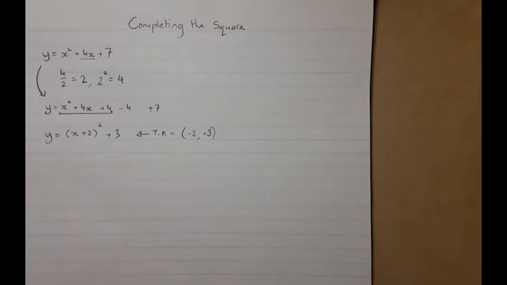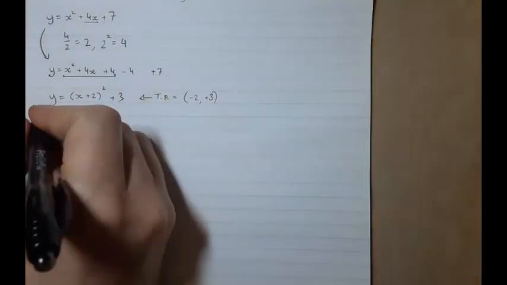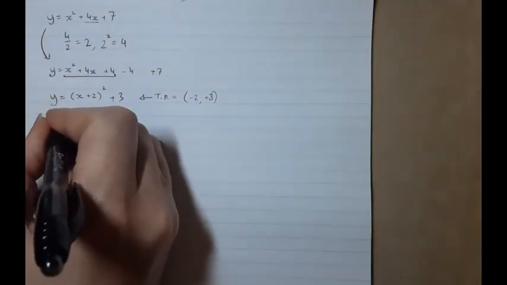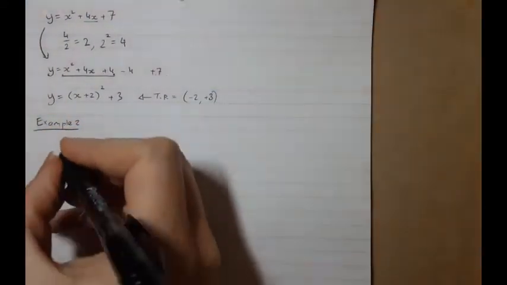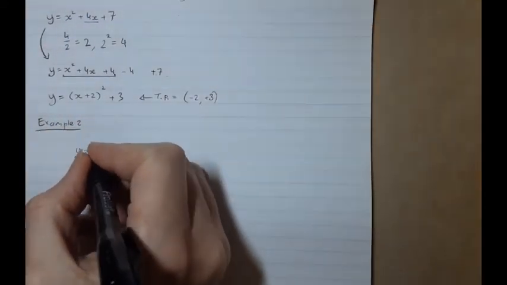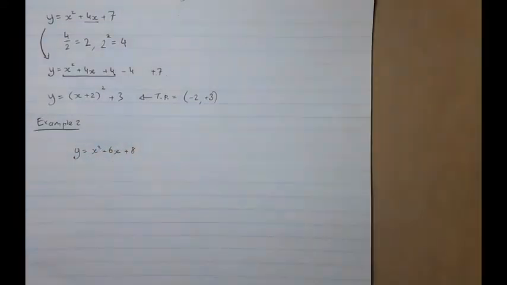Let's do another example. I'll just move down a little bit. Let's look at example 2. y is equal to x squared plus 6x plus 8. Again, first thing we want to do is look at the middle term, plus 6x.